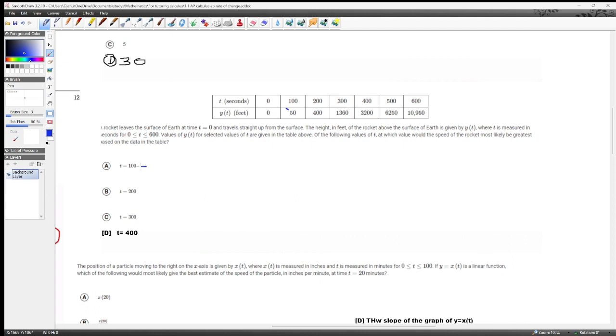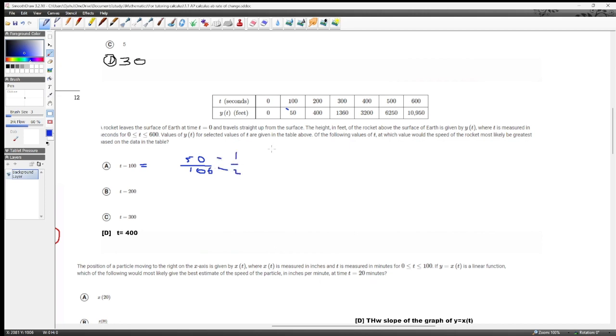So give it a try and pause the video. Okay, so here we have 50 minus 0, which is 50. So 50 divided by 100, since time is constantly increasing by 100.